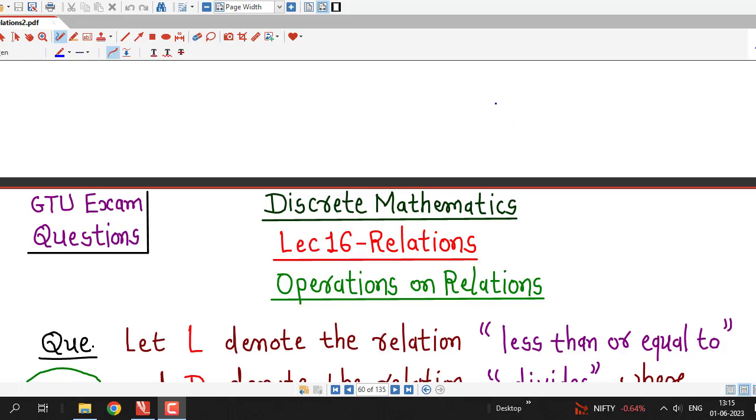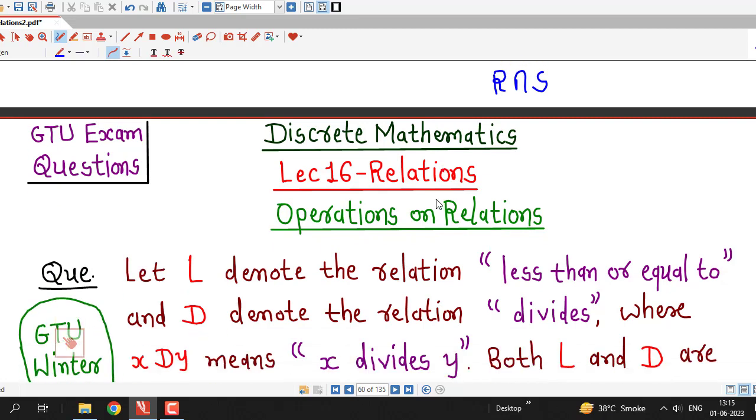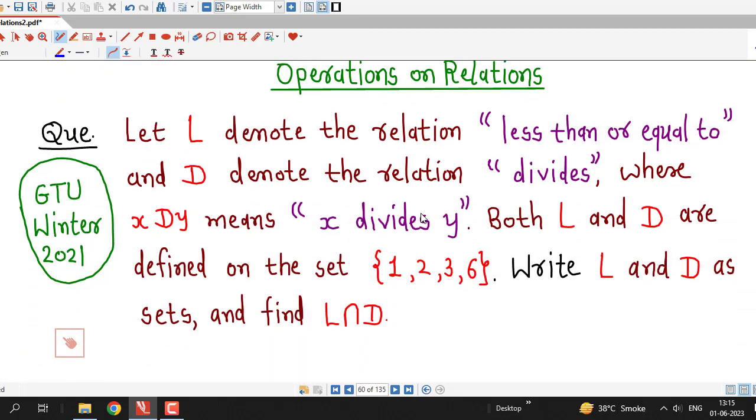In the last lecture we discussed two operations on relations: one is union and another is intersection. So here also we are going to discuss this question, which is mainly focused on the intersection operation on relations.